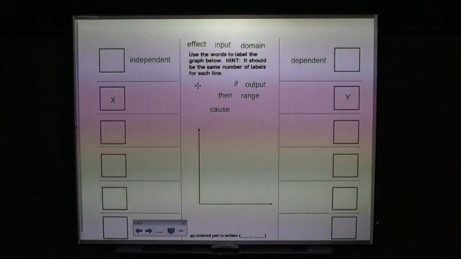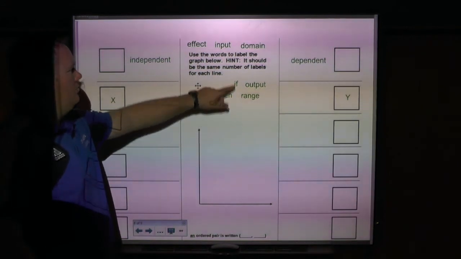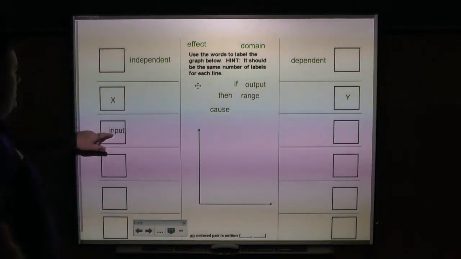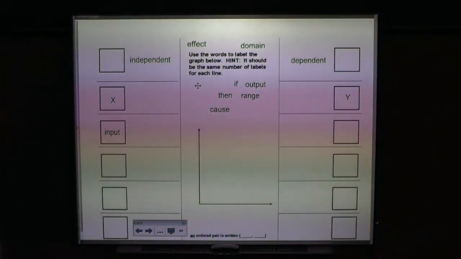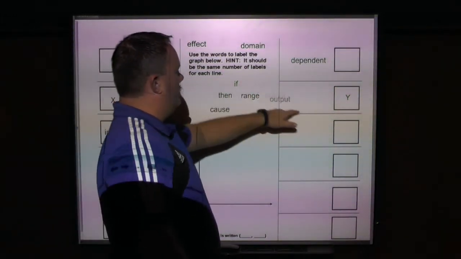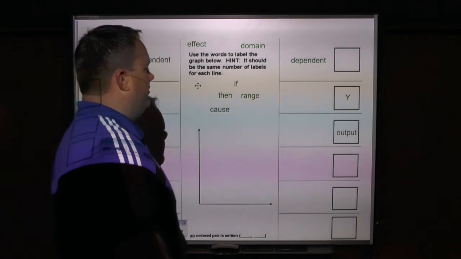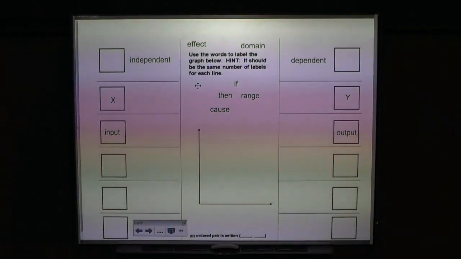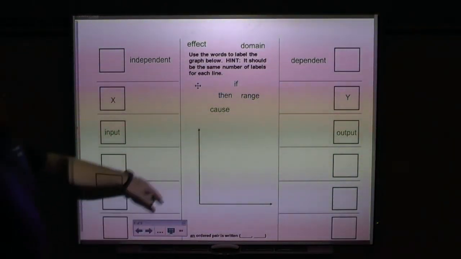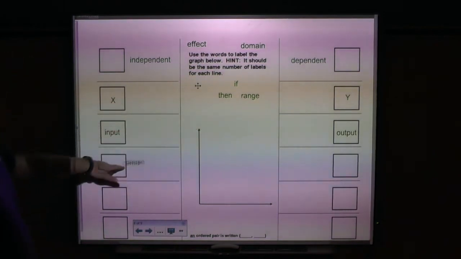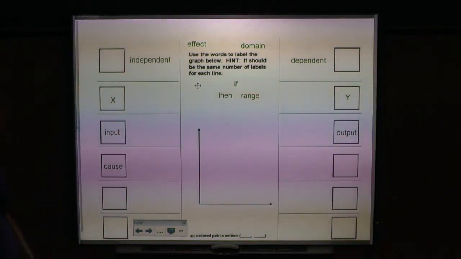Okay? Now, from there, let's go on to this one. Input. If you input something in, what should you get? An output. Your output is your dependent variable. English. Your English class.